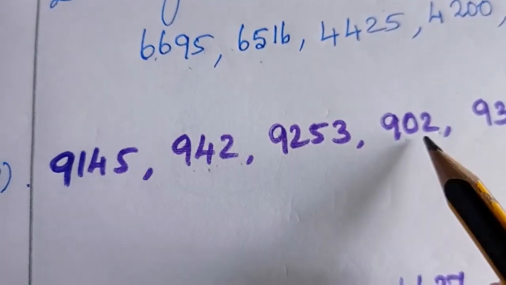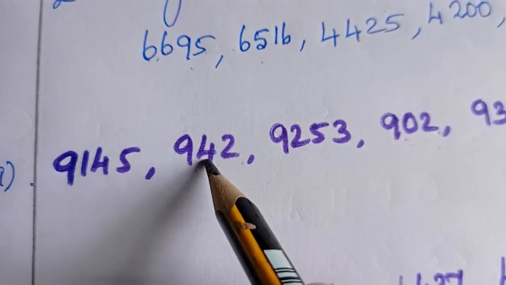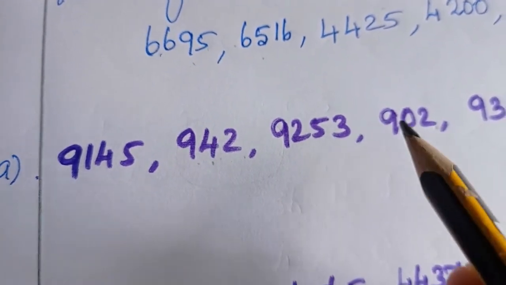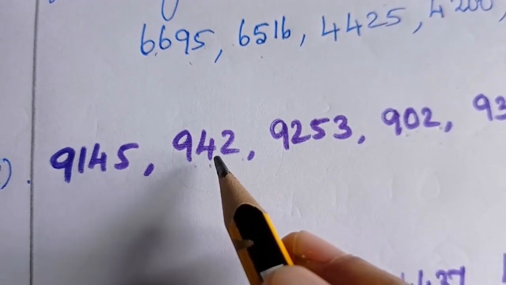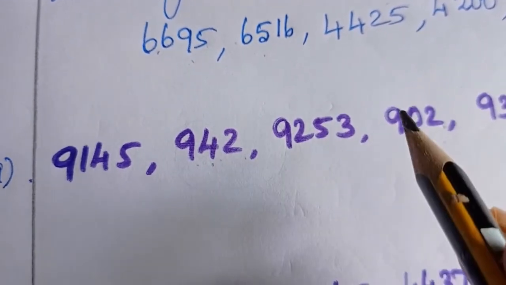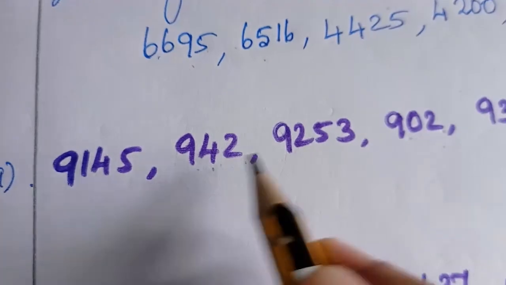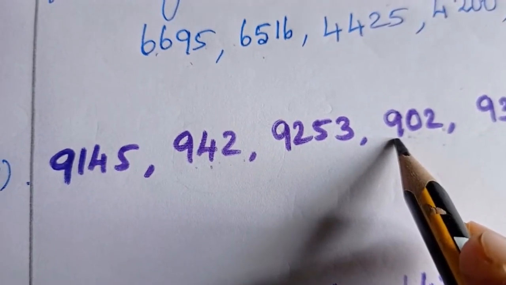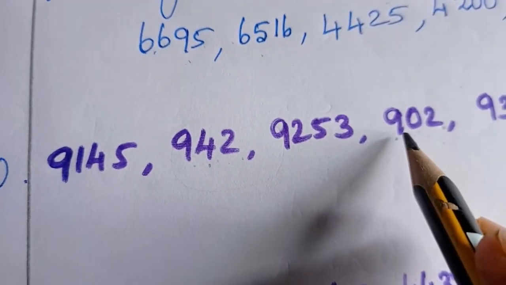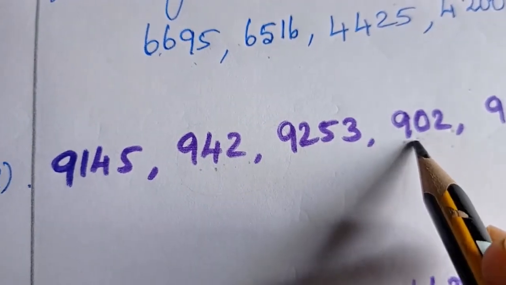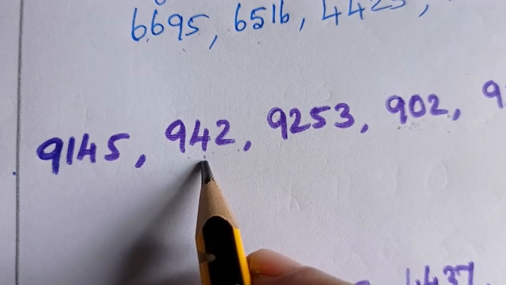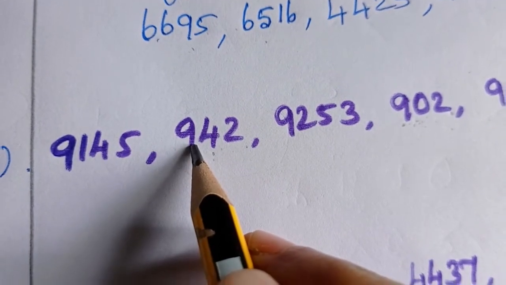Here the two numbers have 3 digit values. Okay? So what do you want to do next? Check their highest place values. Okay? So for these two numbers, the highest place value is 100. This number, the 100 place value is 9 and this number also, the 100 place value is 9.